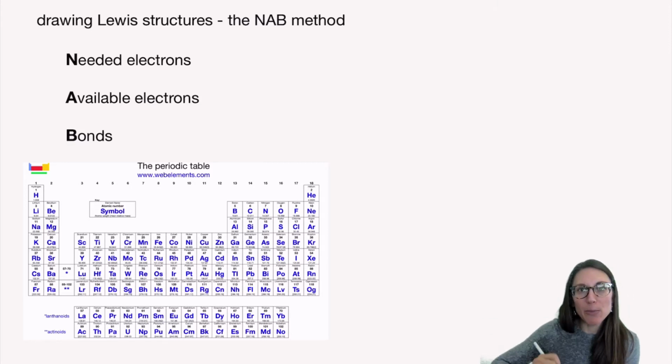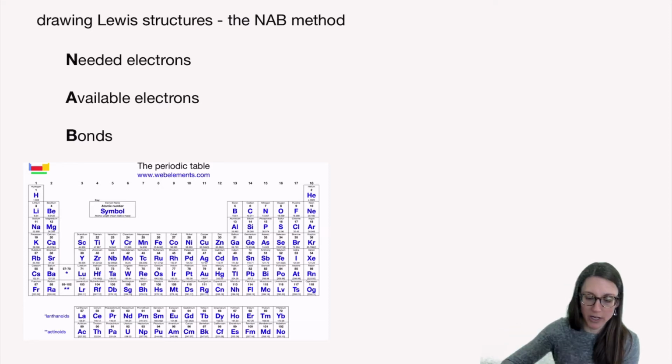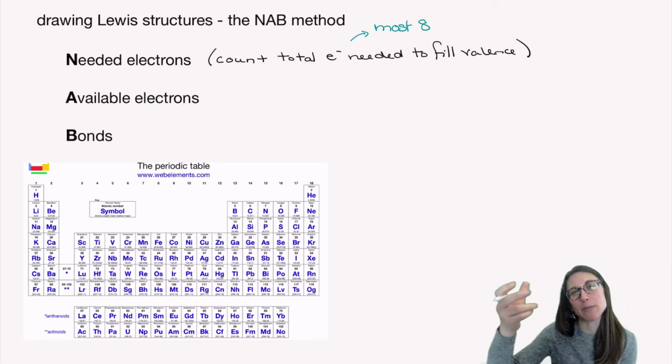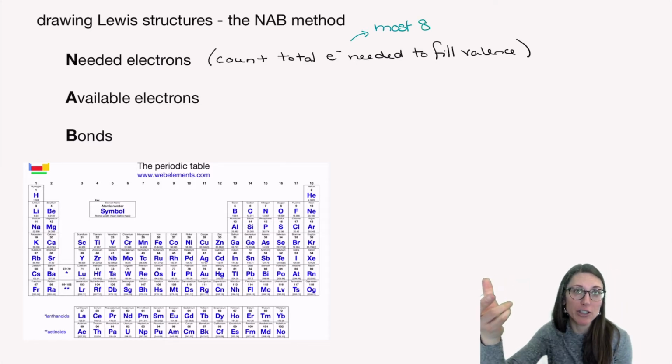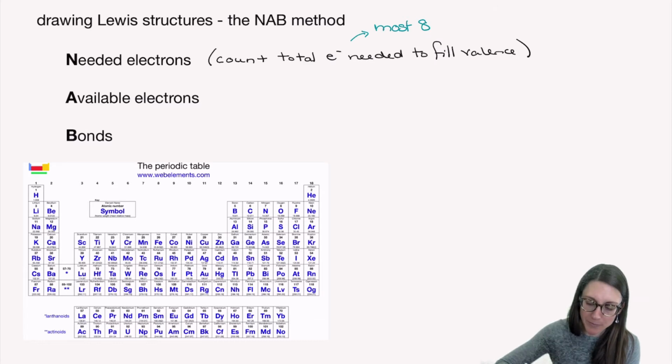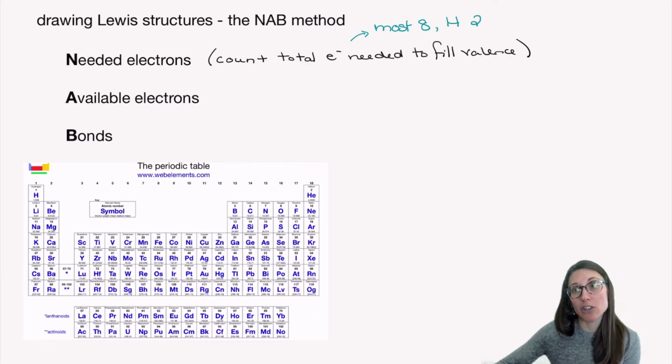Okay, to find the number of needed electrons, we're going to count our total target number. And I mentioned here that for most atoms, this is 8 as the target, because remember you have to have a full S and P shell to have a full valence shell. So that's 2 for the S, 6 for the P, total of 8 electrons. There's a couple of exceptions. The most important exception is hydrogen. Hydrogen only needs 2 electrons to fill its valence shell.